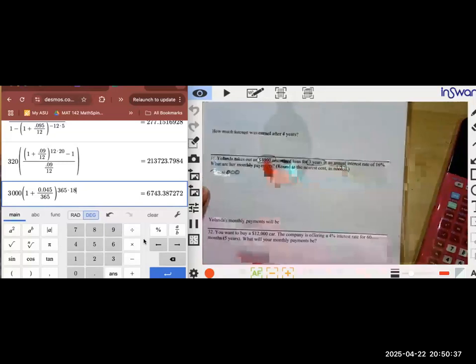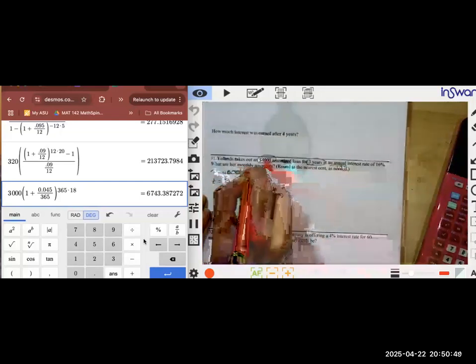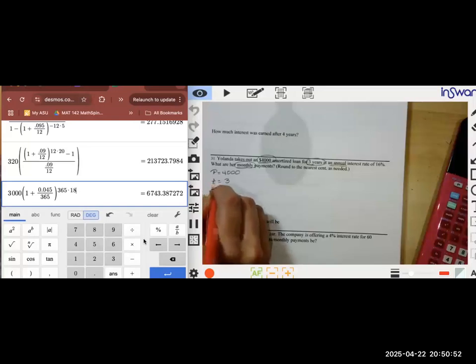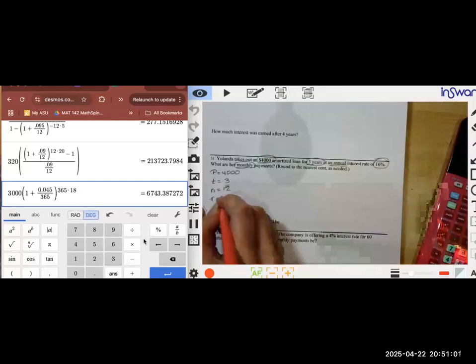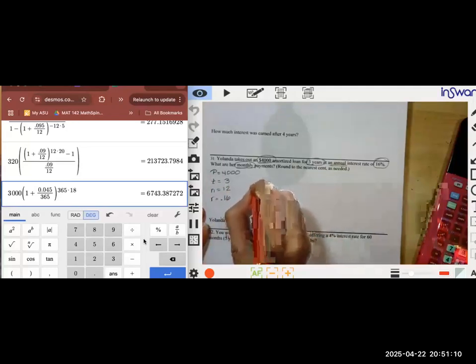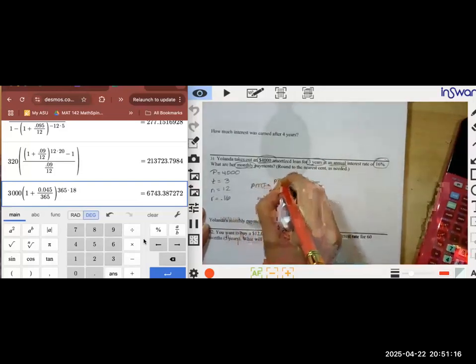What are the monthly payments? Okay, so we know the time is 3 years. She's making monthly payments. So we know the N is 12. And the rate is 16% or 0.16. So we have the payment equals principal times rate over N.